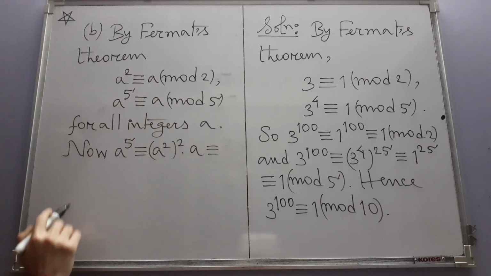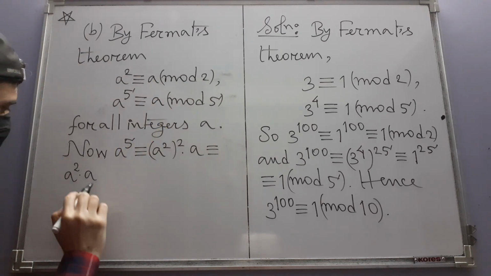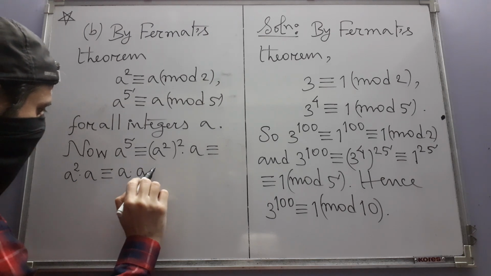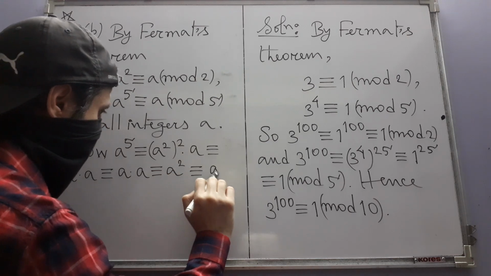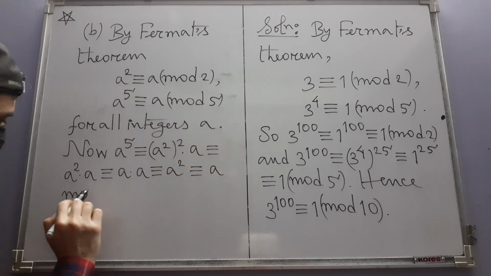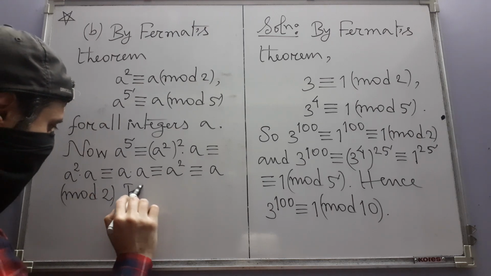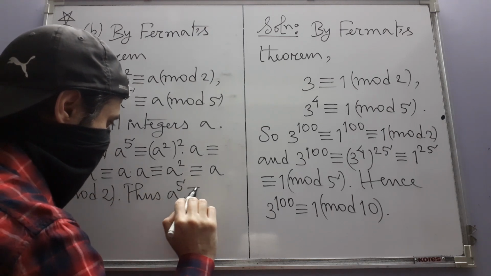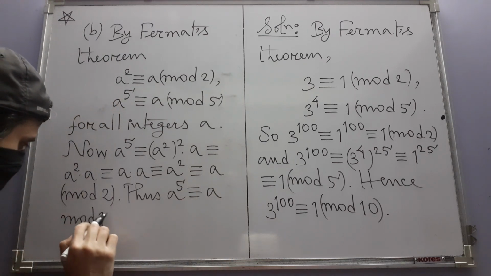A square is congruent to a, so this becomes this. Again you can replace a square by a. Again you are getting a square, which is congruent to a mod 2. Thus, a to the power 5 is congruent to a modulo 10.